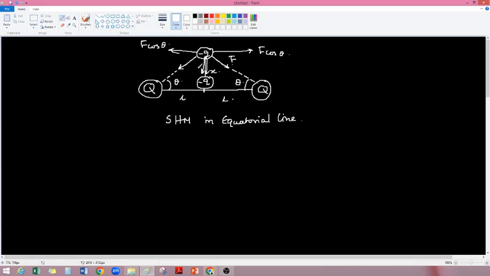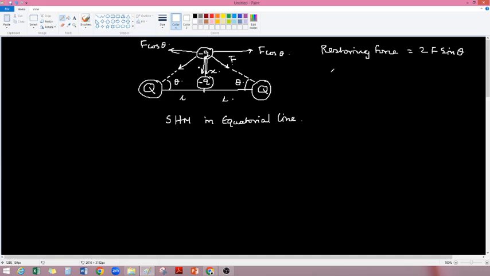I don't have space, so I'm going to write here. So that means the restoring force is two times f sine theta, because there will be f sine theta on this side and f sine theta on this side. So both should be added.